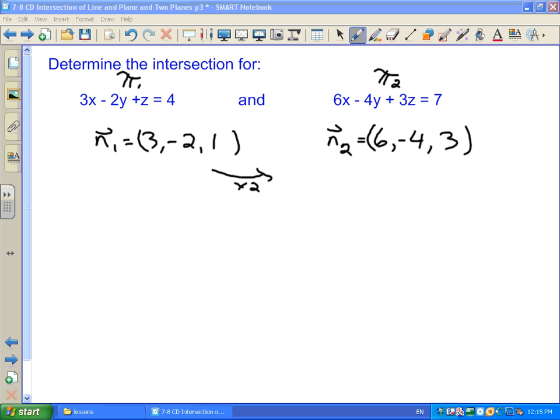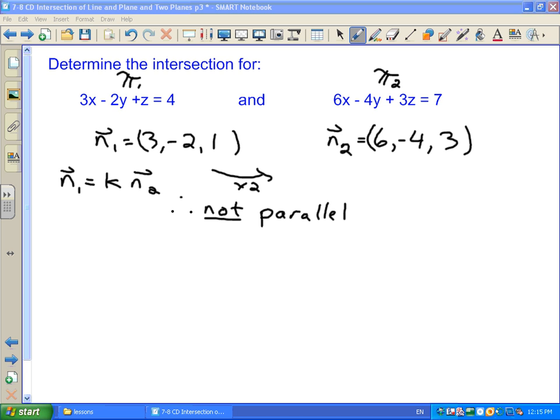So this is telling us that normal 1 is not a scalar multiple of normal 2. Therefore, these two planes are not parallel, so our planes definitely have a line of intersection.